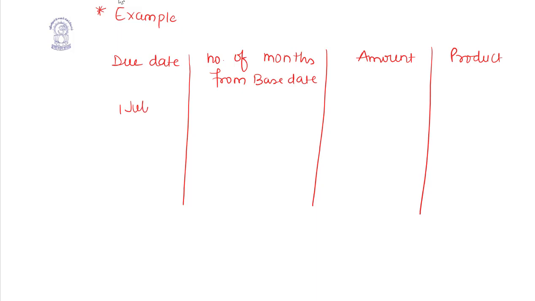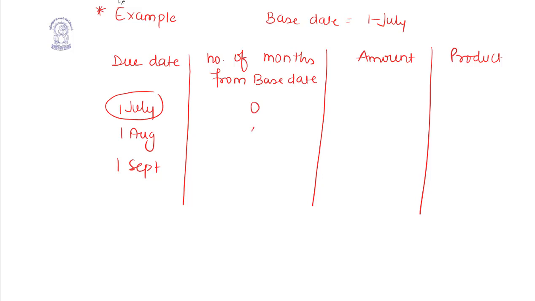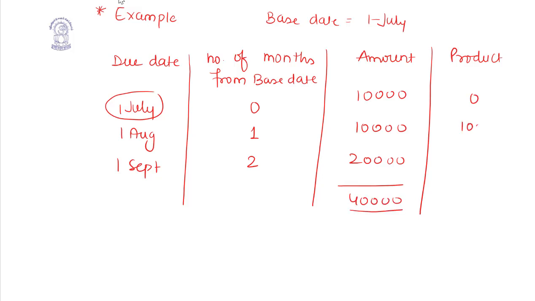Due dates are 1st July, 1st August, 1st September. Take base date 1st July, the first date as base date. July to July, 0 month, 1 month, 2 months. Amount is 10,000, 10,000, 20,000. Total 40,000. Product is 0, 10,000, 40,000.